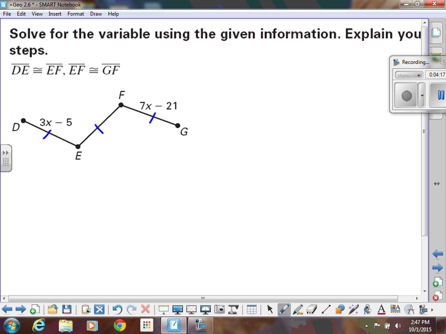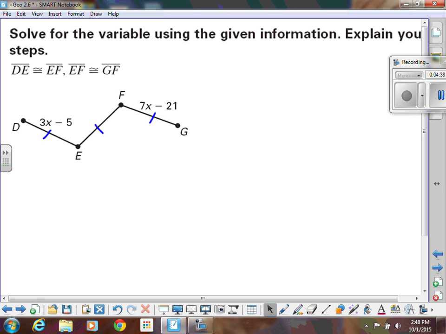All right, so when we do our proof, we will have to show that these two segments that have labels on them with x's are congruent to each other. And then we'll need to set up an equation so that I can write 3x minus 5 equals 7x minus 21 and then solve.